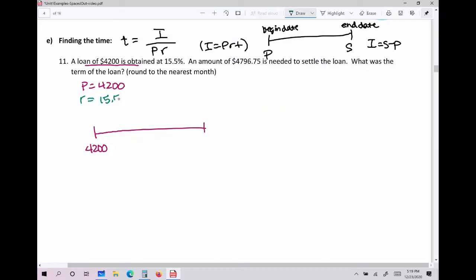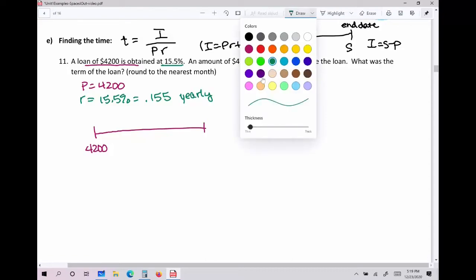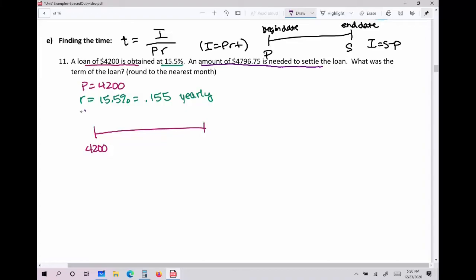So R is 15.5%, which would be 0.155 when we convert that to a decimal, because to convert to a decimal, we divide by 100. We're not told anything here, so we're going to assume yearly. And then the amount to settle the loan is our S, so that's $4,796.75. That goes at the end of our timeline.